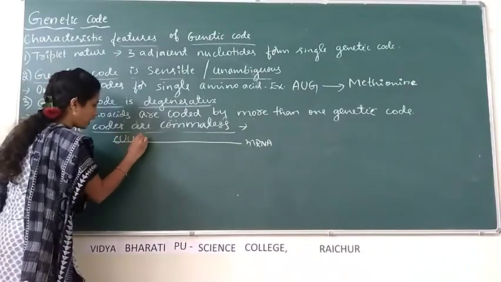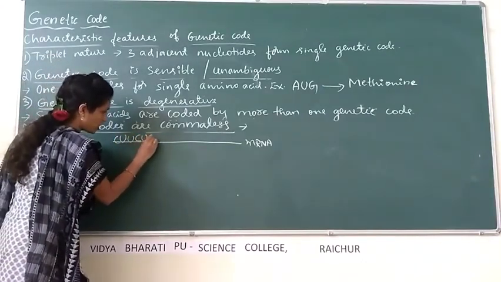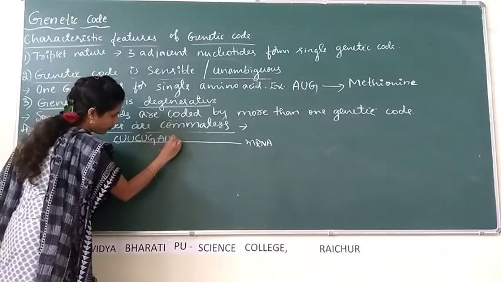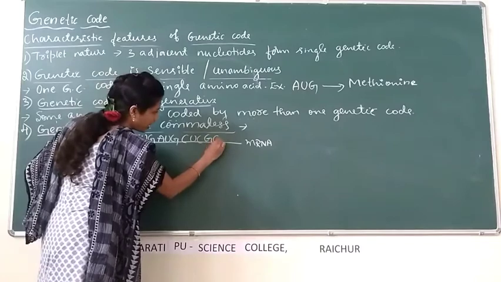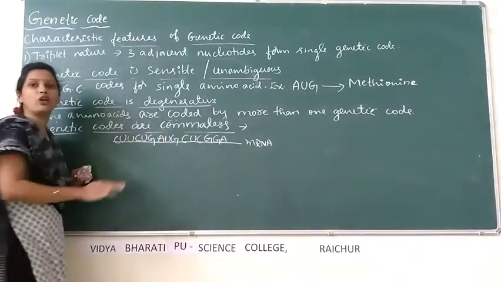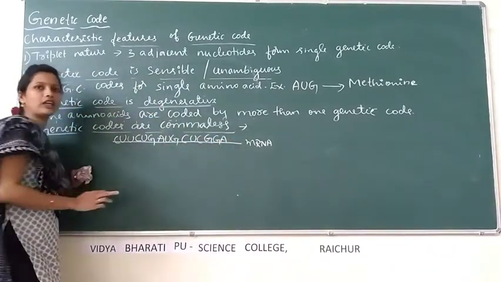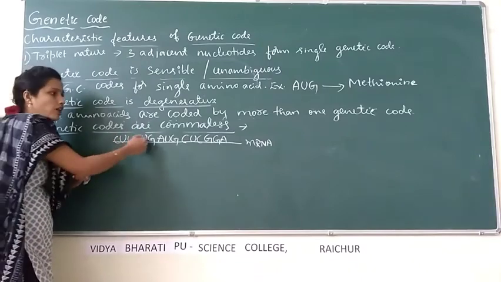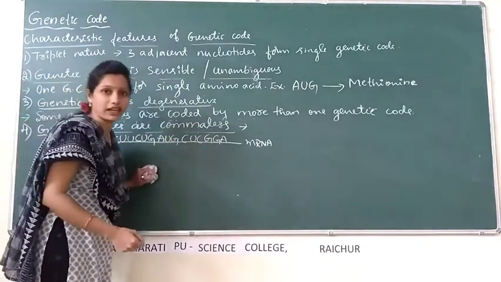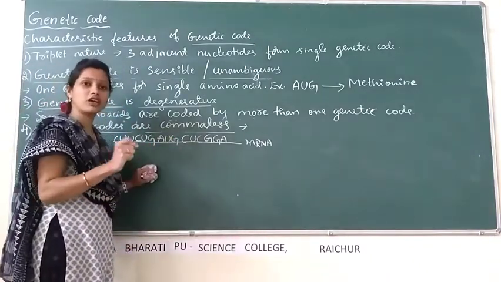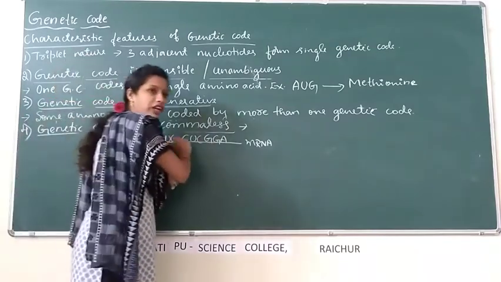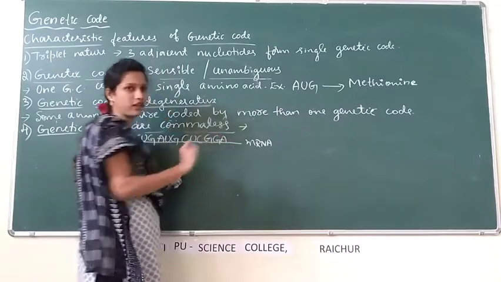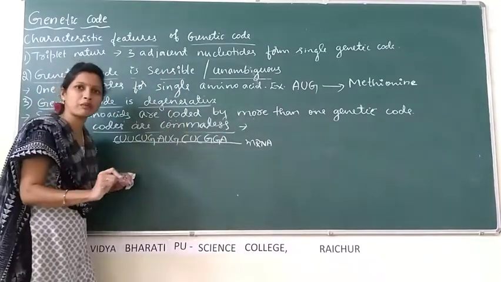Example, CUA, CUG, AUG, CUC, GGA. Consider these are the codons present on the mRNA. The codons present on the mRNA should be read in contiguous fashion. Means we have to read these codons continuously. There should not be any punctuation mark.